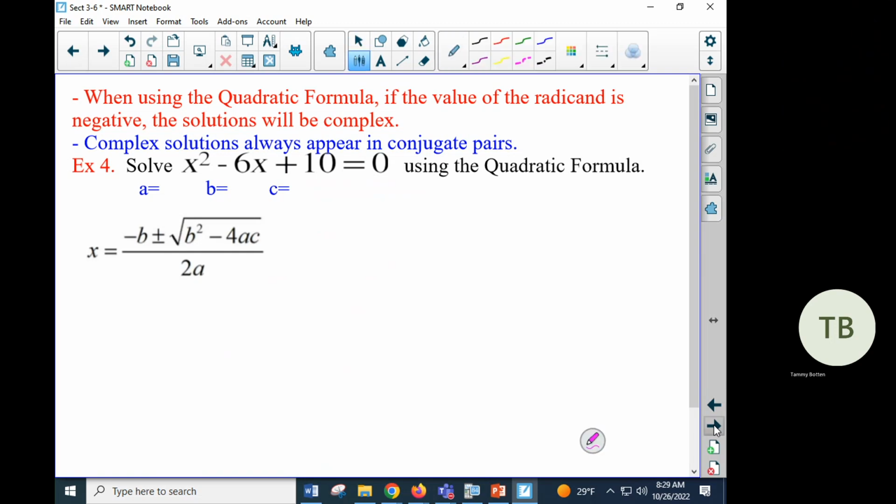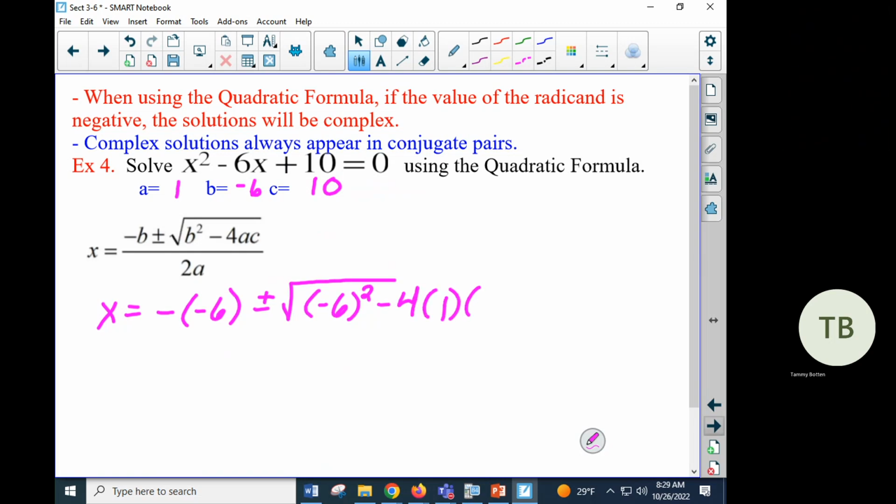A is 1, B is -6, and C is 10. So we're going to do -b, which is minus a -6, plus or minus b squared, which is a -6 squared, minus 4 times A, which is 1, times C, which is 10.